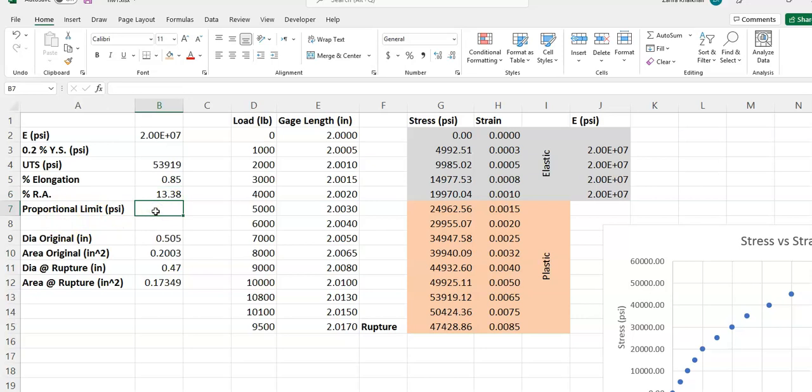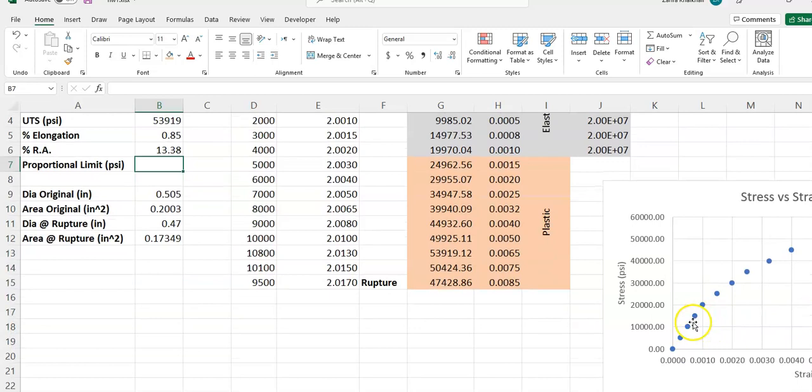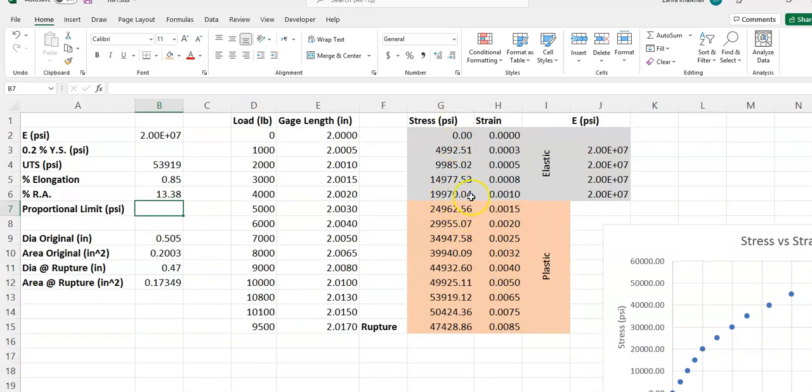Proportional limit, that would be the point where stress transitions from linear to non-linear. So if you look at this plot here, that happens at this point, and from the table you can also find it here.